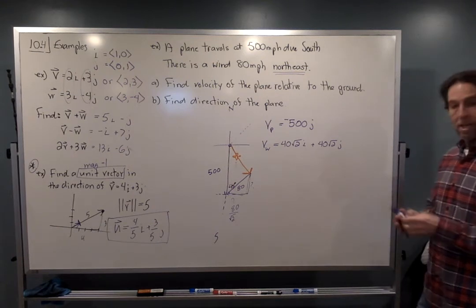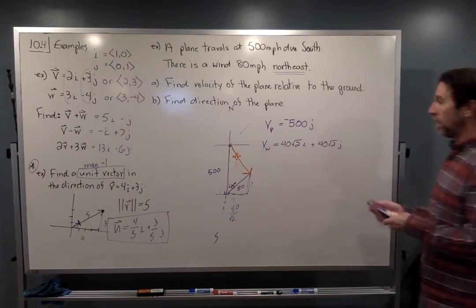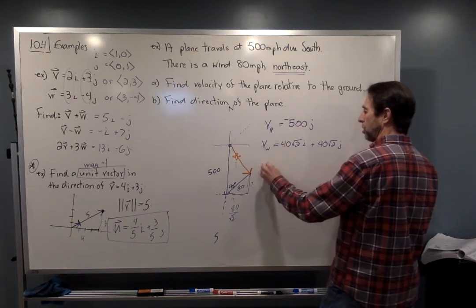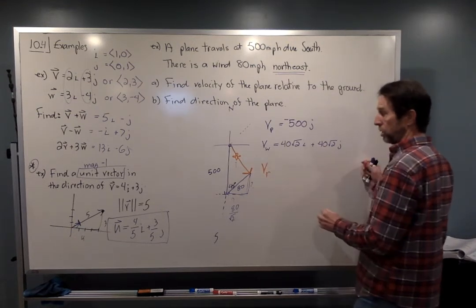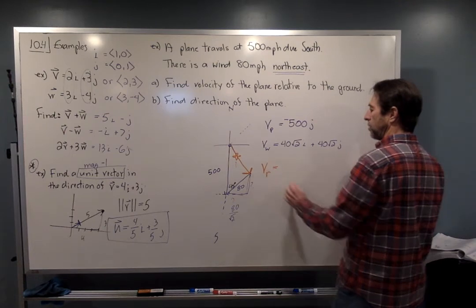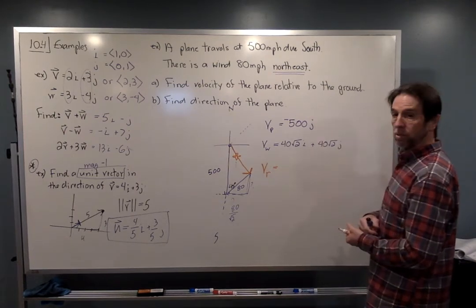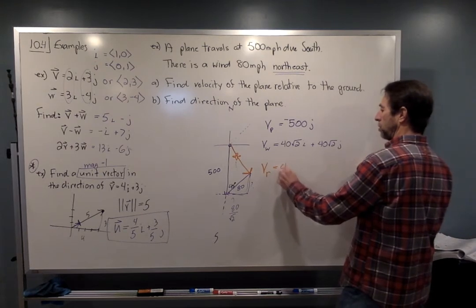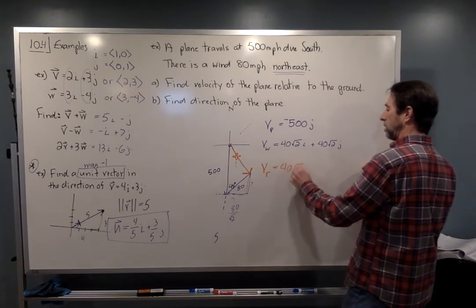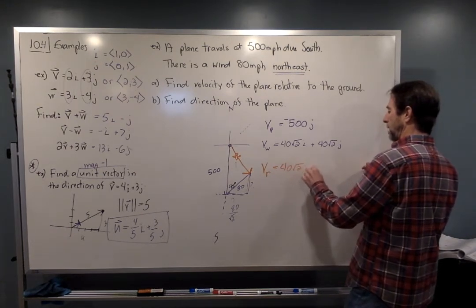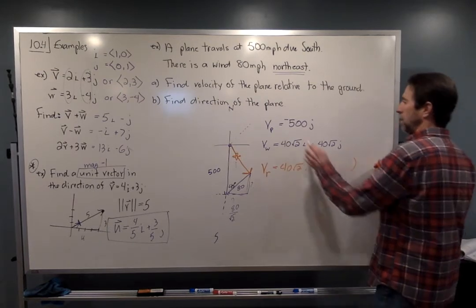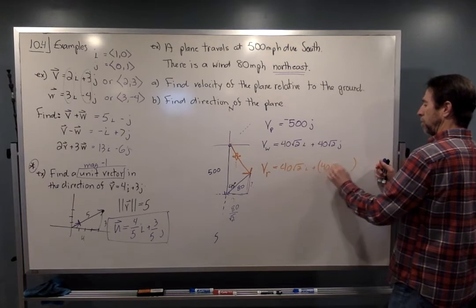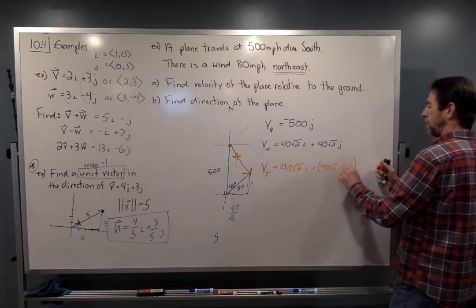And so now what's neat about this is the velocity of the actual plane, or the end result, I'm going to call it the resultant, is going to be basically just the sum of these two. So we've got 40 radical 2 i plus, you add these two together, you're going to get 40 radical 2 minus 500 j.